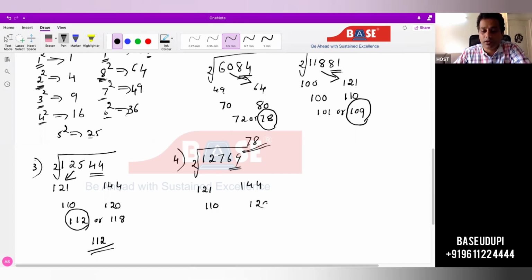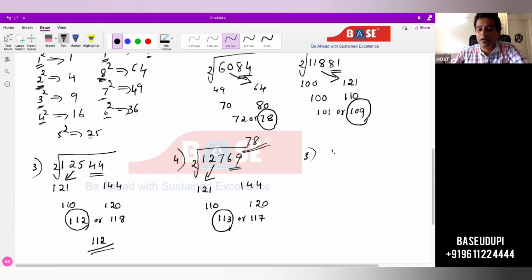Any number which ends with 9, the answer ends with either 3 or 7. So either 113 or 117. But 127 is close to 121. So the answer for the question is 113.